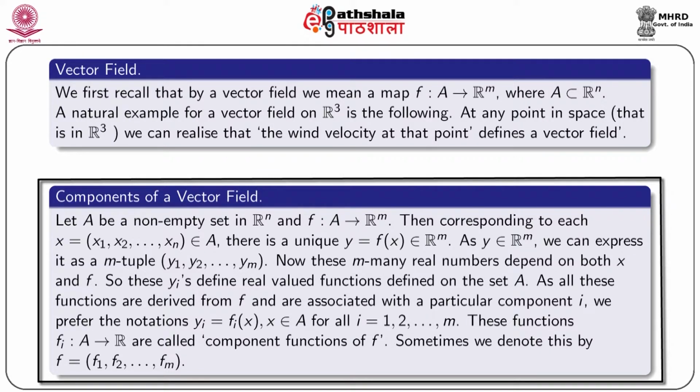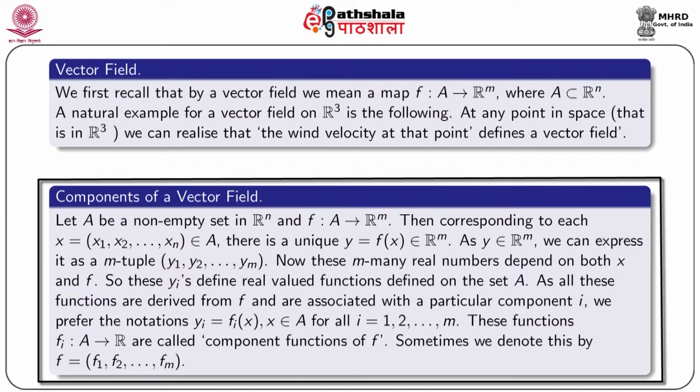As y is a member of Rm, we can express it as an m-tuple y1, y2 up to ym. These real numbers y1, y2, ym depend on both the choice of x as well as the choice of f.